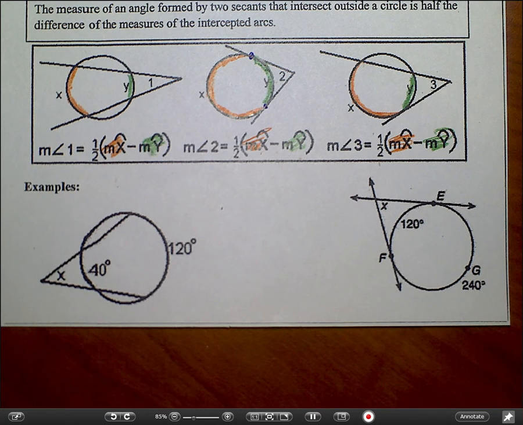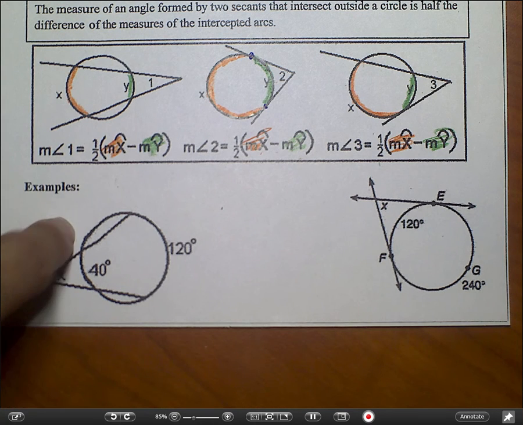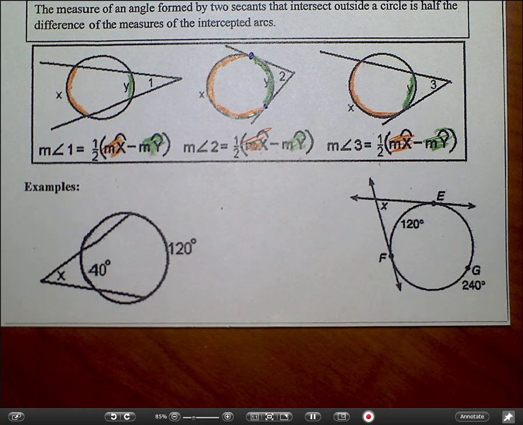I want you guys to set up the problem for this first example. Don't say any word. Got it.